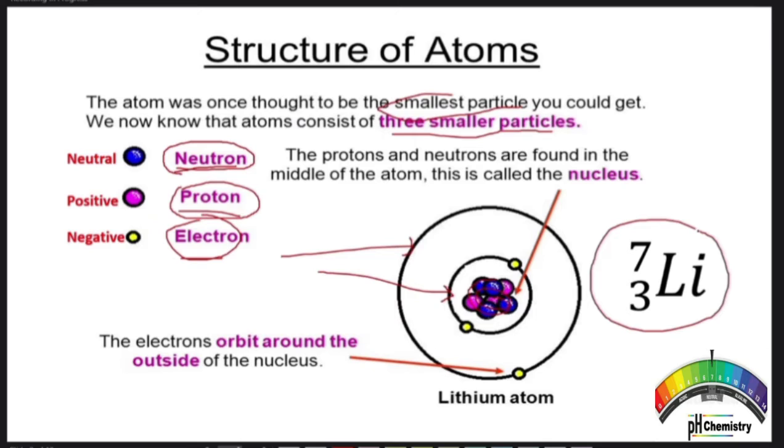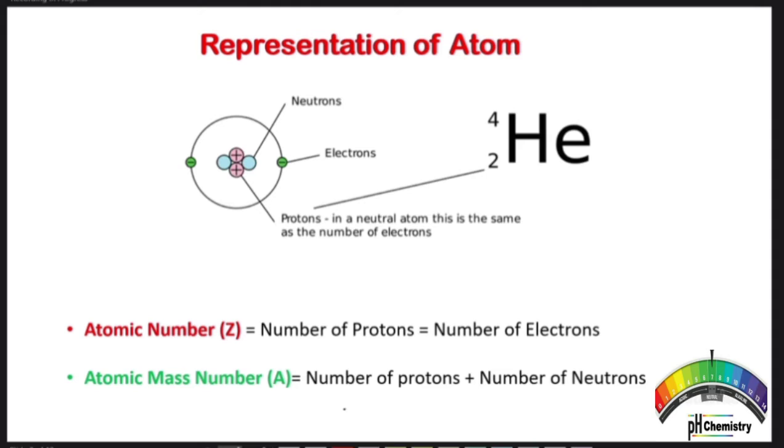So the atom shown here is lithium. The atomic number of lithium is 3 and the mass number is 7. Now we'll see how the atom is represented. Any element is represented by its symbol. To the left hand side at the bottom is its atomic number, and to the left hand side at the top is the atomic mass number.